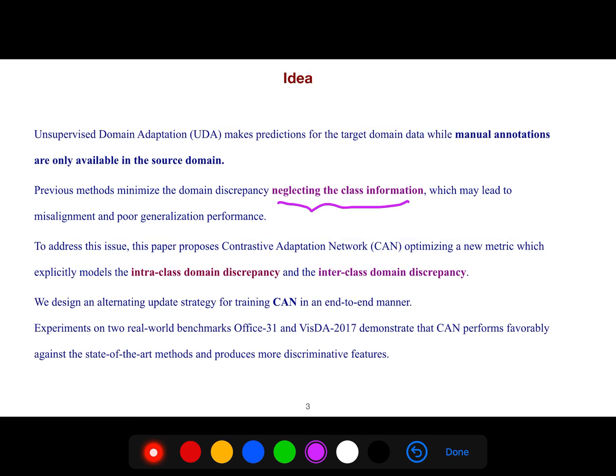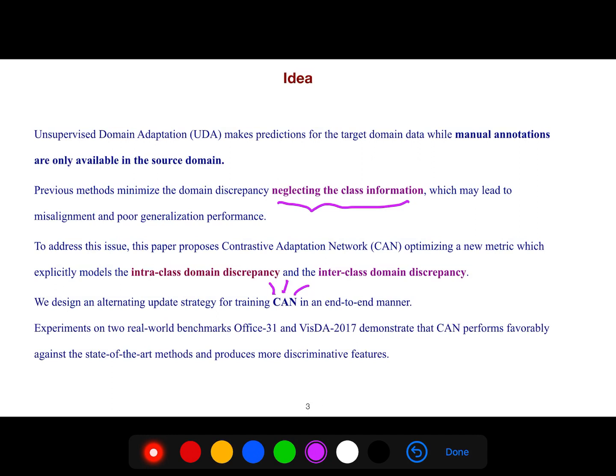So to address this issue, this paper proposes a contrastive adaptation network, optimizing a new metric which explicitly models the intra-class domain discrepancy and the inter-class domain discrepancy. We designed an alternating update strategy for training this contrastive adaptation network in an end-to-end manner.